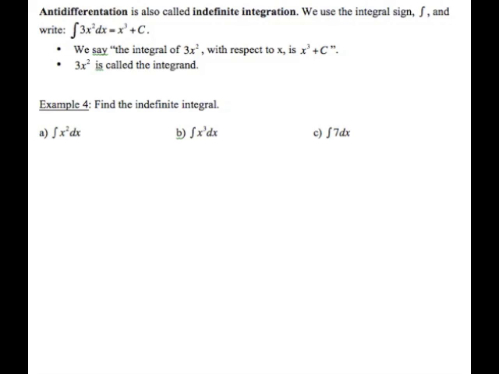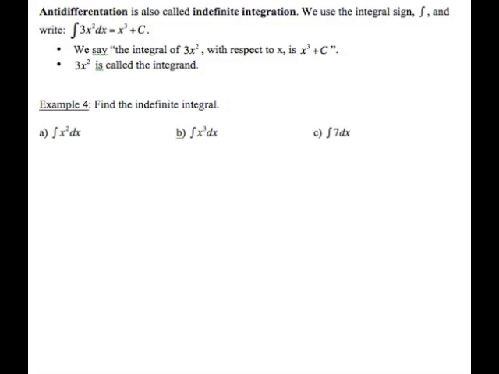If we're looking at the notation there, if we're reading the whole thing from left to right, we would say that the integral of 3x squared with respect to x is x cubed plus c, and c is our constant of integration. And the function that we're integrating, the 3x squared, is called the integrand. Those are terms that you might hear as we move forward.